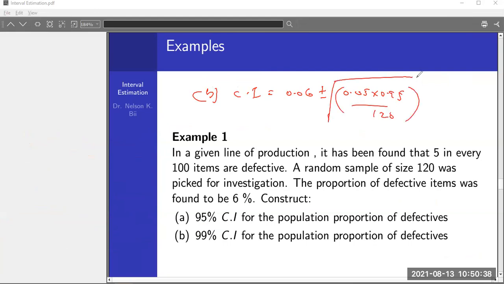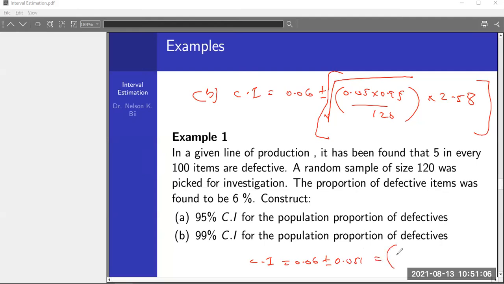Take the square root of this, then you multiply by 2.58. What do you get, class? That confidence interval is? 0.051, the margin of error? Yeah, that's the margin of error. 0.051, like that? Yeah, yes.